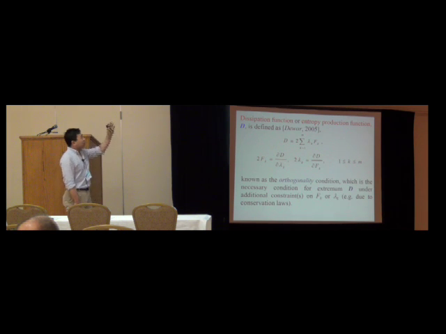Then Dewar published a paper in 2005 and developed this idea. He introduced a function called the dissipation function, also known as the entropy production function, for reasons that will be obvious later on as I move on. Then the Legendre transform form is what he called the orthogonality condition here.